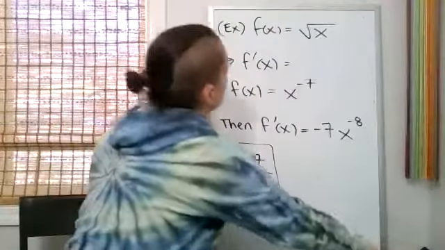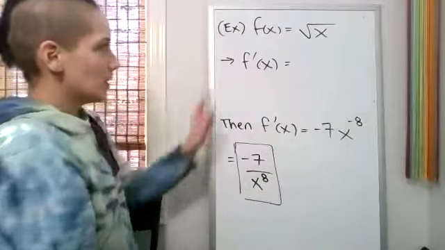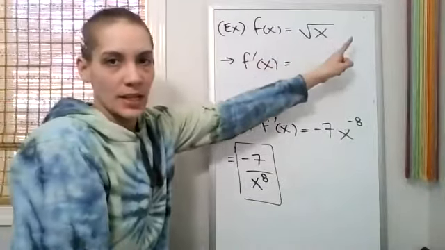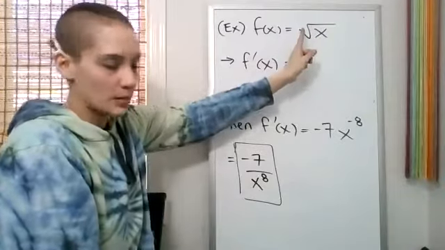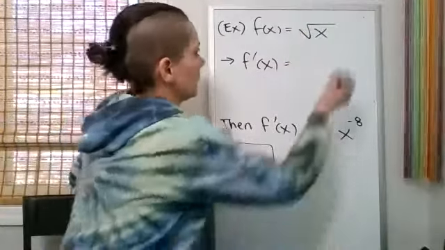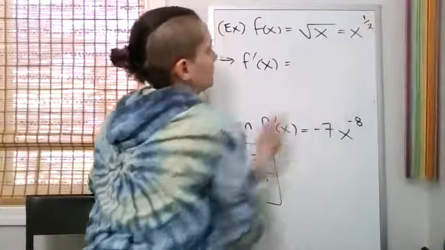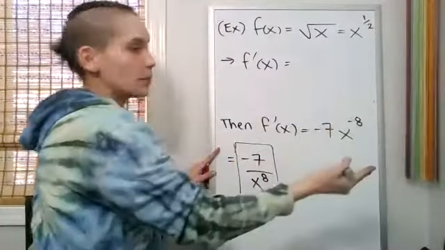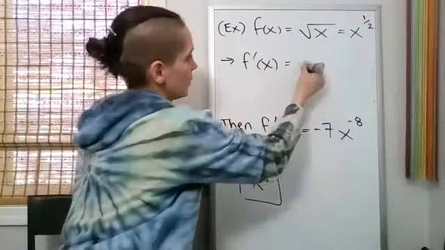Oh, actually, we'll rewrite the problem just on the side. So x with square root, the root goes in the denominator of your power. So we would bring down 1/2, x to a power of 1/2 minus 1.